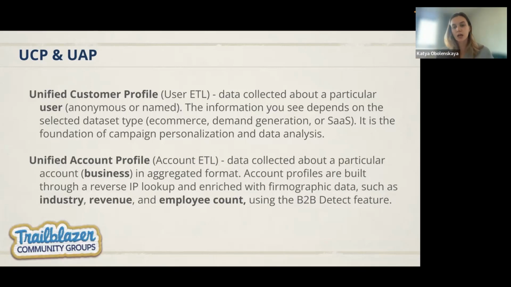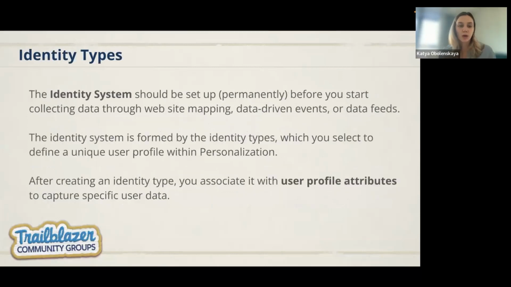Account profiles are built through a reverse API lookup and enriched with firmographic data, for instance, the industry of operation, revenue, employee count, and there is a specific feature for tracking this data so that information can be aggregated, which is the B2B detect feature. I now have in mind that there is also some explanation of this feature in the official documentation. After this session, I will update the link here so that you can explore this yourself too. And let's move on.